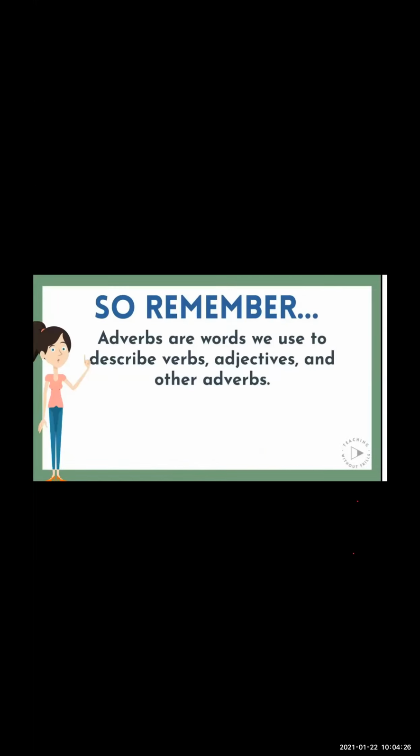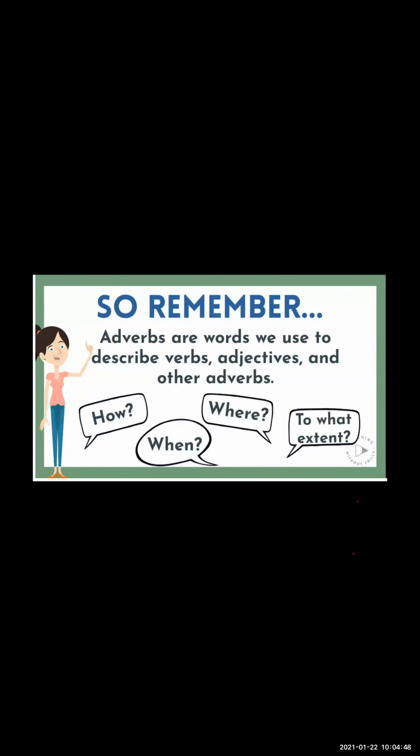Now just remember about the adverbs, what I have taught you. It's a short reminder that adverbs are always describing the verb, adjective and the other adverb. You can have so many adverbs in a sentence. Adverbs are the words we use to describe verbs, adjectives and other adverbs.